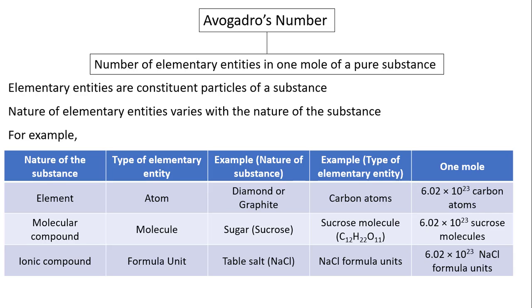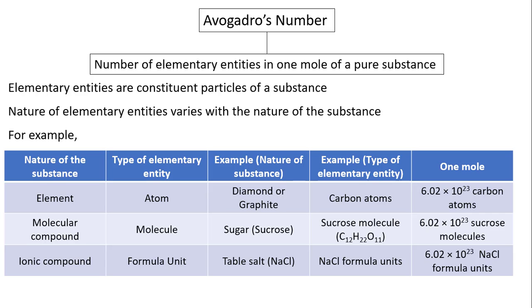And if we talk about 1 mole of the sucrose, we will find that there are Avogadro's number of sucrose molecules in 1 mole of that molecular compound. There are many other examples of the nature of the substance, but because of the lack of space, I have just discussed the three.